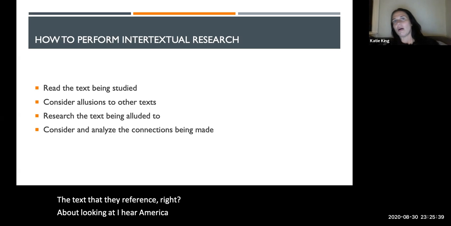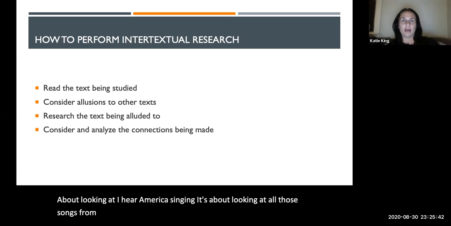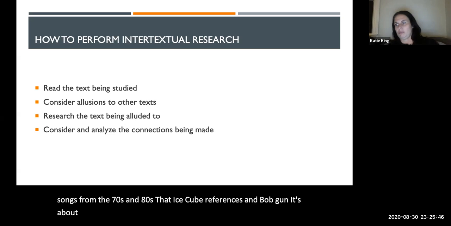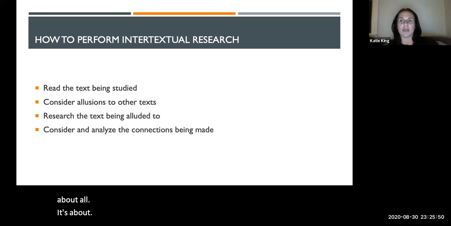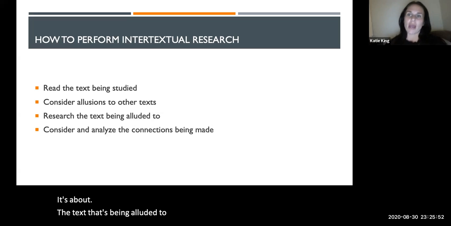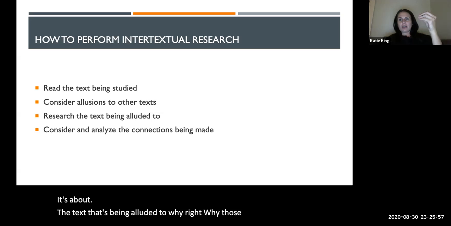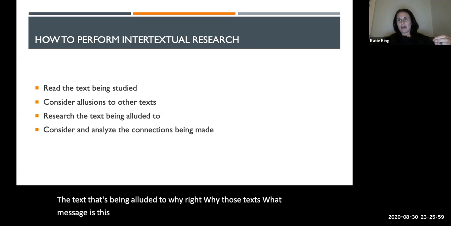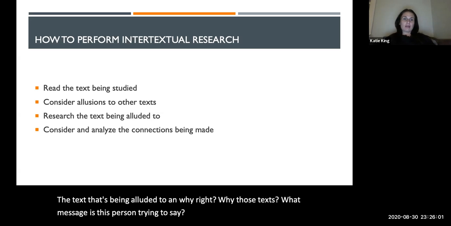It's about looking at all those songs from the 70s and 80s that Ice Cube references in Bop Gun. It's about the text that's being alluded to and why. Why those texts? What message is this person trying to say by including those texts?